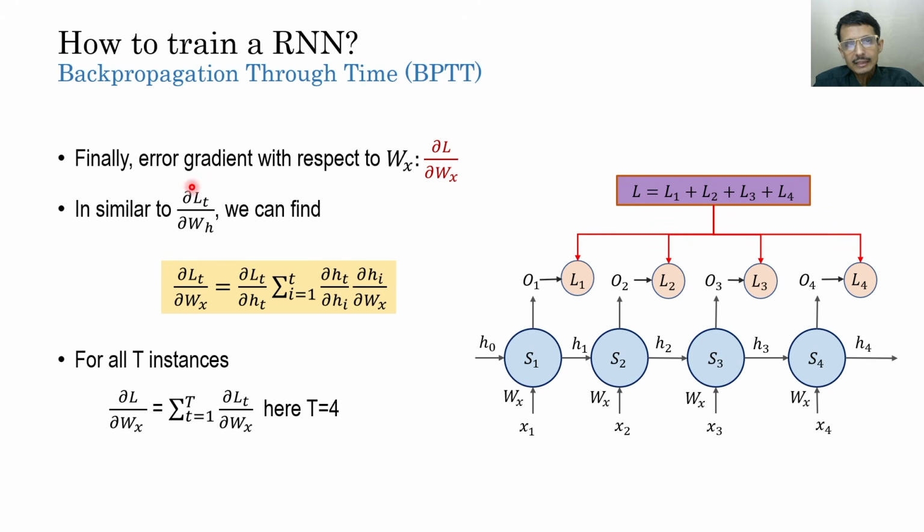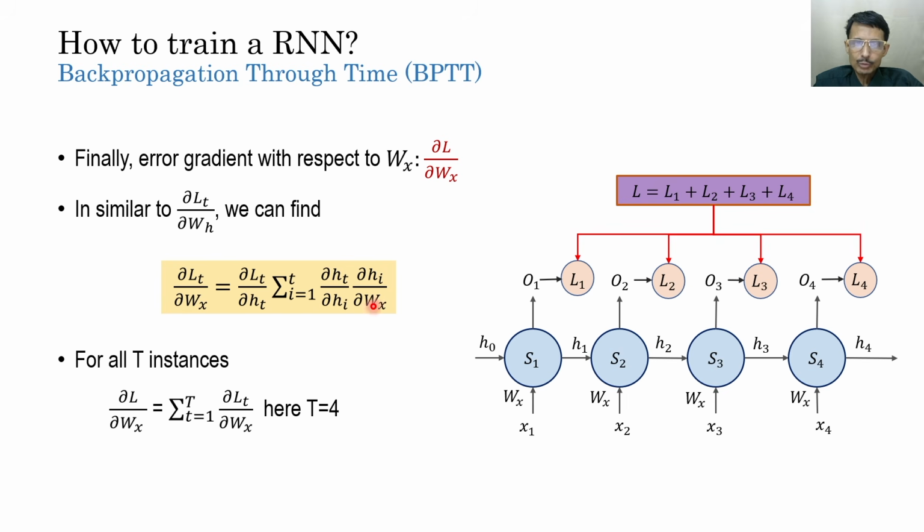Now finally the error gradient with respect to Wx, ∂L/∂Wx. Similar to ∂L/∂Wh, this is also very similar because of the way it is affecting Wx. So we can find ∂Lt/∂Wx as ∂Lt/∂Ht summed up over i, times ∂Ht/∂Wx.